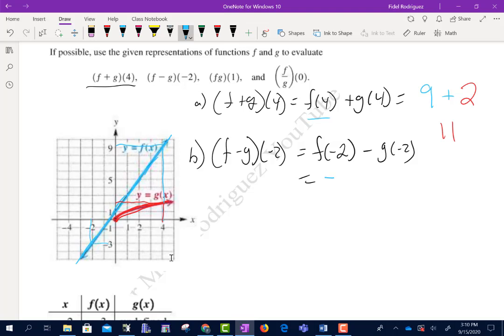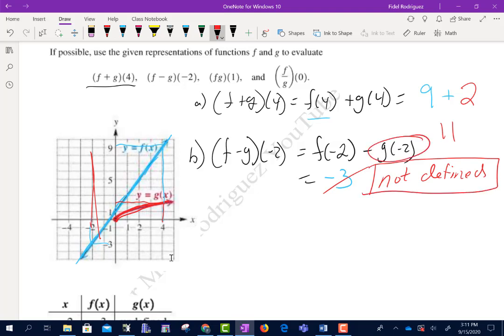It looks like it is negative 3. And then if I try to do that for the red function, if I go to negative 2 and I go up and down, if you notice, I never hit the red function. So what we're going to say here is it's not defined, okay? The whole answer is not defined because that one piece is not defined, okay?